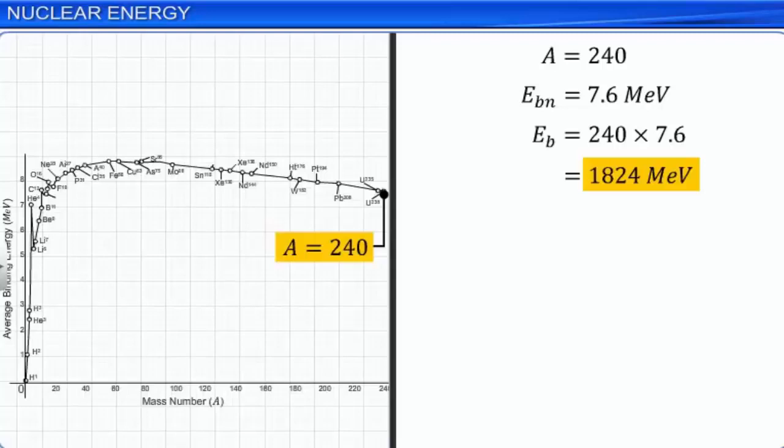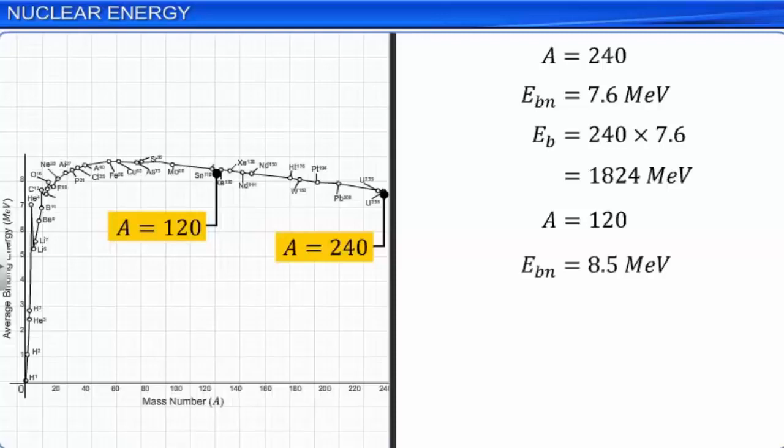Let us now assume that this nucleus undergoes nuclear fission and forms two fragments with atomic mass number A equal to 120 each. From the graph, we find that for nuclei with A equal to 120, the average binding energy is about 8.5 MeV. So, the total binding energy for the product nuclides is 2 into 120 into 8.5, that is 2040 MeV for the two products put together.